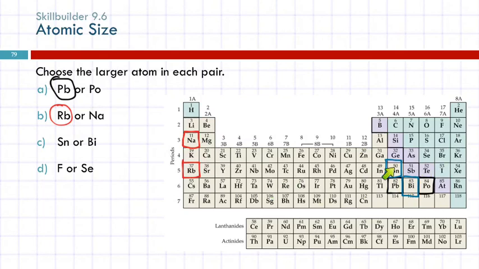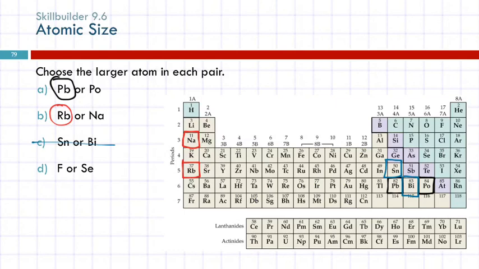But if we go across, they're getting smaller, that would predict that bismuth is smaller. Do they cancel out? I would say they're going to cancel out. You really can't tell for sure, and I would not make you guess on an exam. So just can't tell on that one.